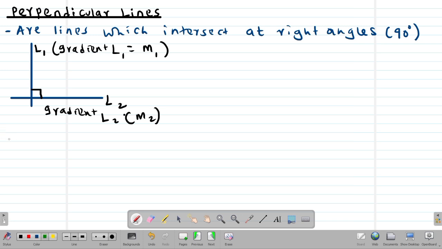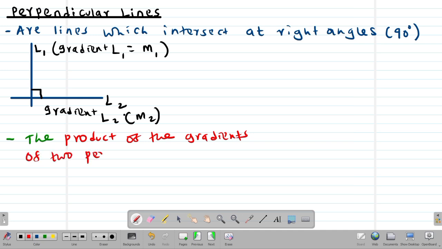Therefore, we are saying that the product of the gradients of two perpendicular lines is equal to -1.